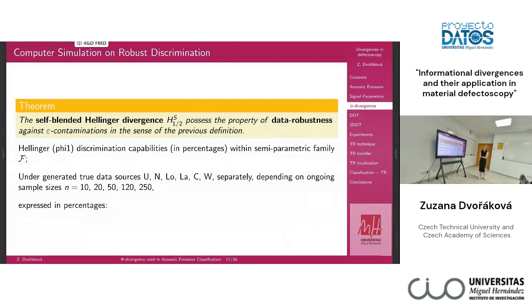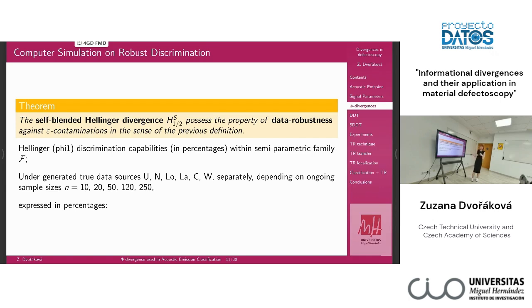We also did some computer simulation to reveal the discrimination capability of Hellinger divergence within some semi-parametric family F, and we generated data from the uniform, normal, logarithmic, Laplace, Cauchy and Weibull distributions.